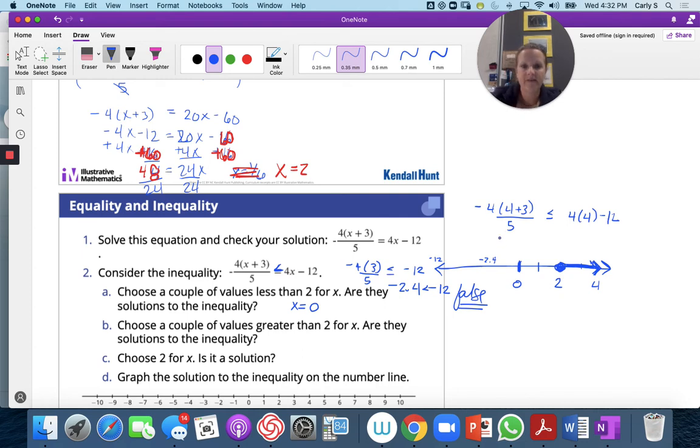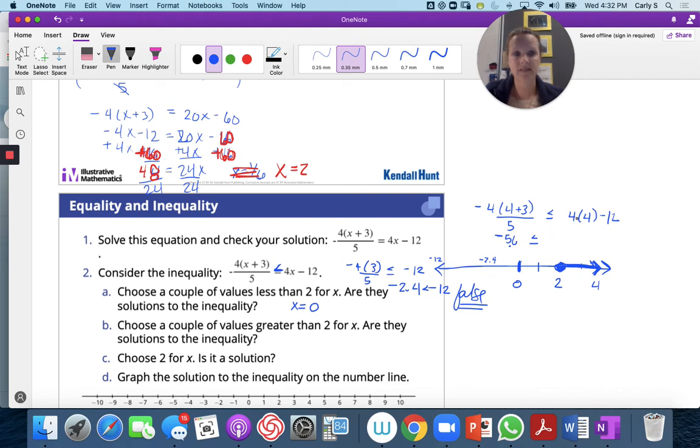I have 5.6 less than or equal to, oh my goodness, I forgot the negative. 4 plus 3 is 7 times 4 is negative 28. So negative 5.6.